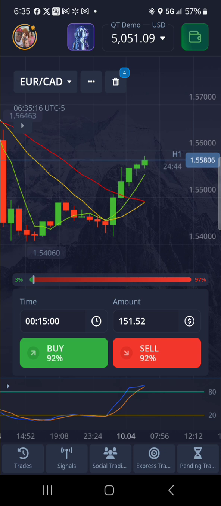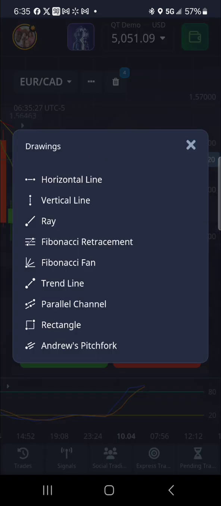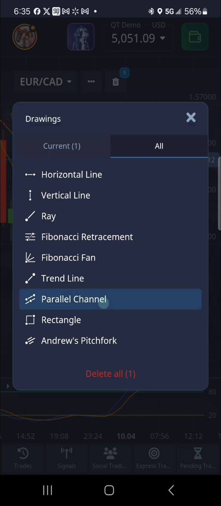But you want to draw a line from the bottom of the trend all the way to the top of the trend, so that you have an idea of where the floor is, or the support. So add a parallel channel.